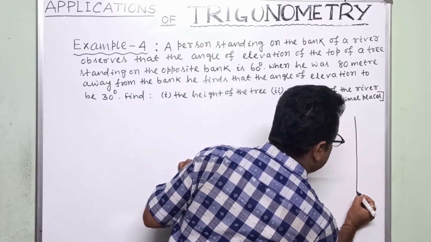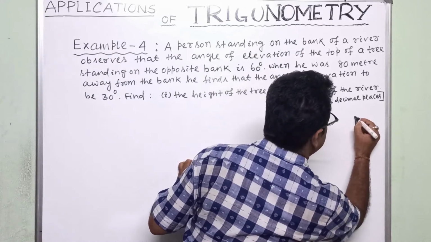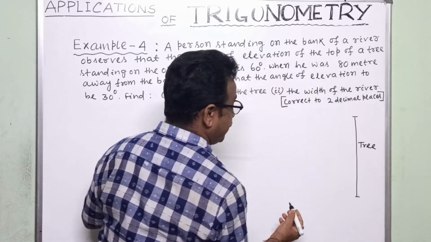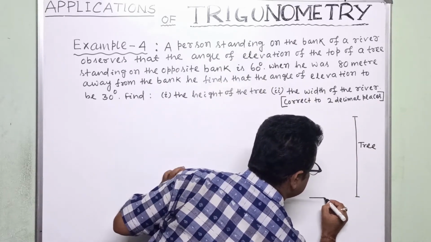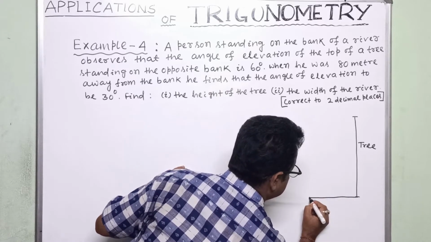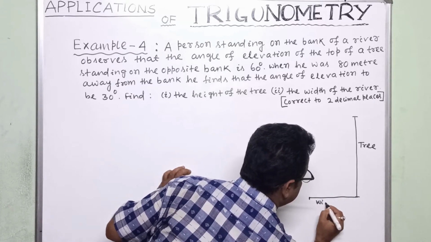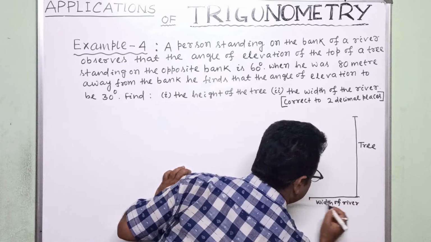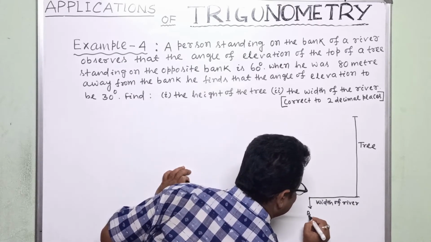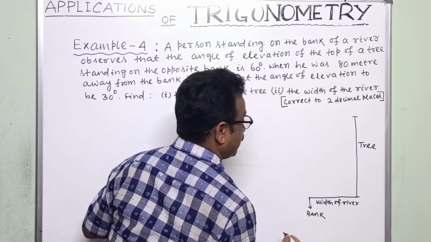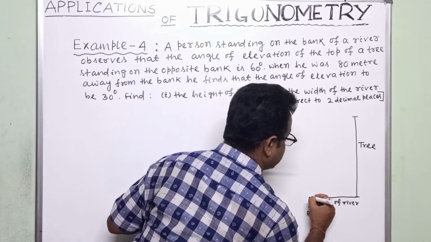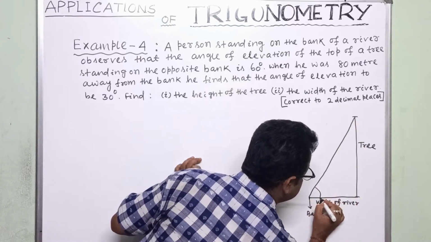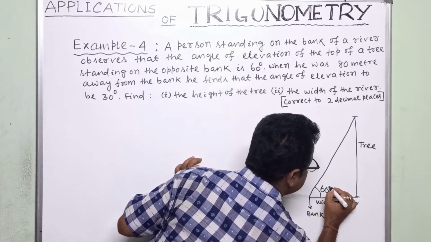Figure is more important. So this is, let's say, the tree. Now this is the width of the river. This part is the river bank. Now from this the angle of elevation is found to be how much degree? 60 degree.